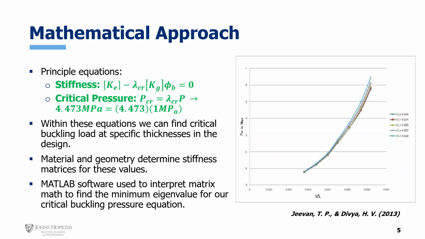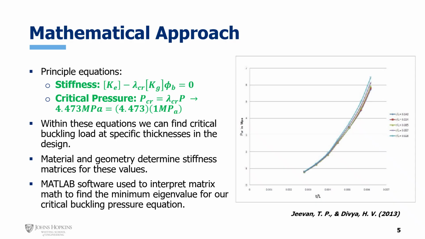You can see in the first stiffness equation, we have Ke, which is the elastic stiffness matrix, Kg being the geometric stiffness, and phi b is the buckling load shape. The important one we're focusing on here is lambda critical, which is the critical buckling load eigenvalue.